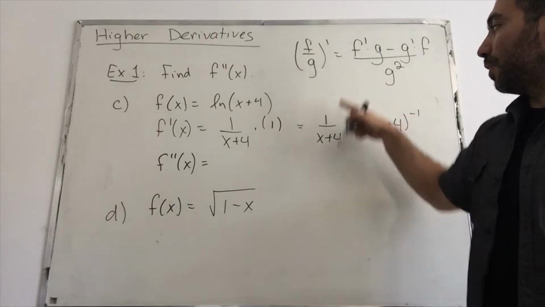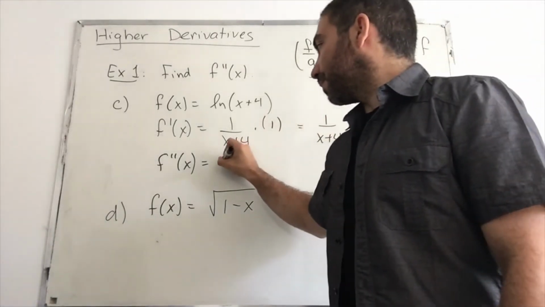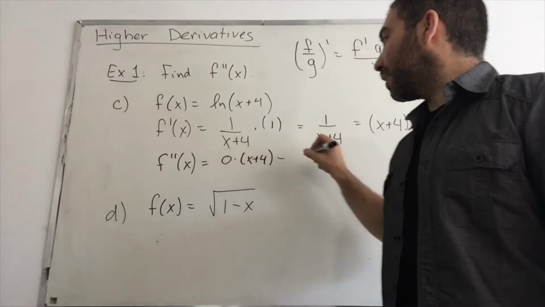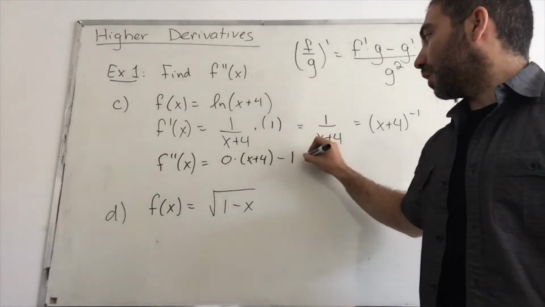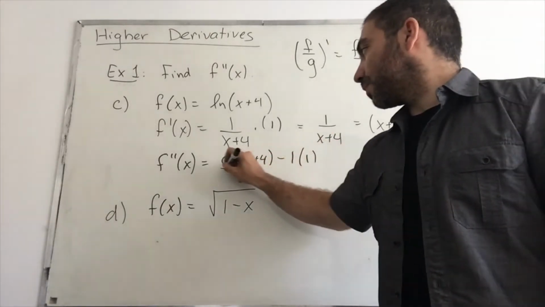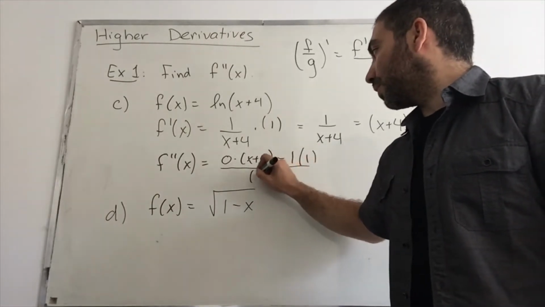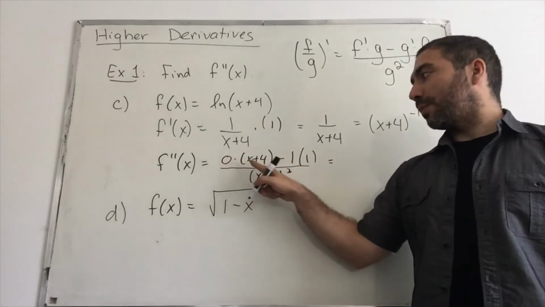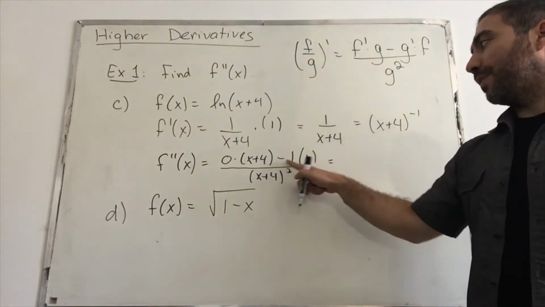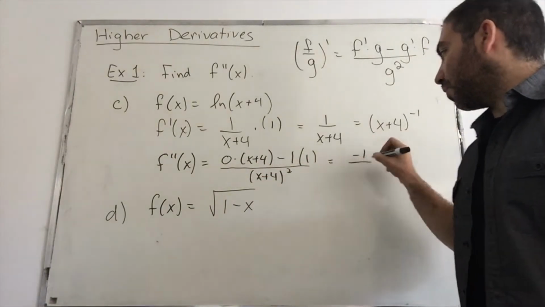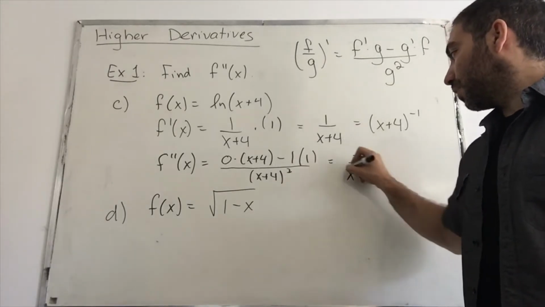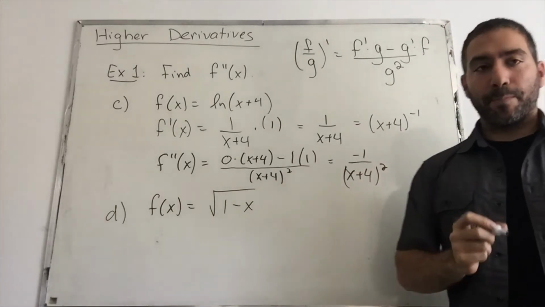So what we get is the derivative of the top, the derivative of 1 is 0, times the bottom, which is x plus 4, minus the derivative of the bottom, which is 1, times the top, over the bottom squared. Okay. So 0 times this is 0. Then we have negative 1 times 1, so we get negative 1 over x plus 4 squared. And that's the answer.